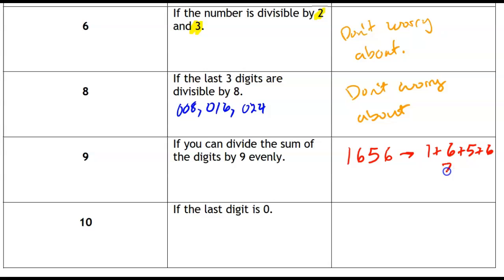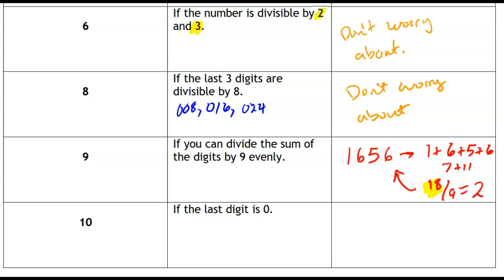That's 7 plus 11, that's 18. So since 18 divides by 9, then 1656 also divides by 9. Okay, sometimes I'll do 9. Since you're adding up to see if it divides by 3 anyway, if you can easily see it divides by 9, you might as well just go with 9.